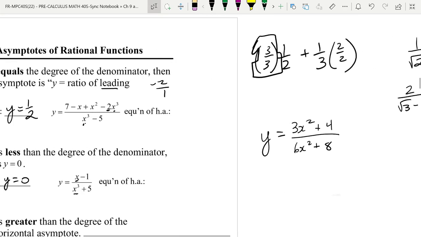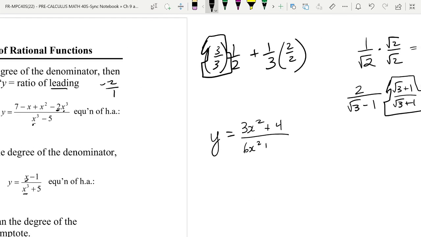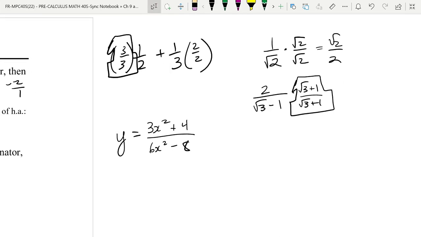Oh, is it a subtract on the bottom? Yeah, you're right, it is. Oops, I erased more than I needed to. There we go. So once again, I use the multiply by 1 trick, but here's what my 1 looks like. My 1 looks like this. That's 1, right? It's a number divided by itself.